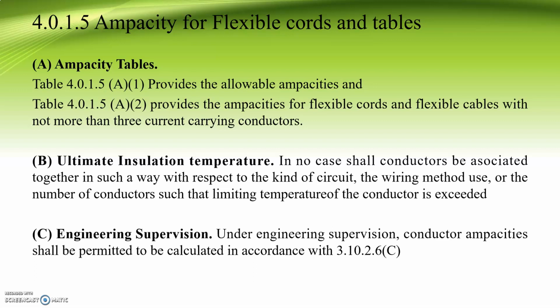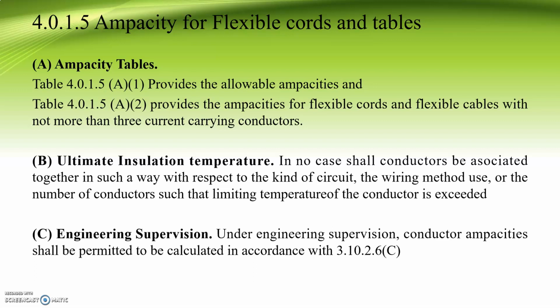4.0.1.5, Ampacity for flexible cords and cables. Table 4.0.1.5 provides the allowable ampacities, and Table 4.0.1.5 A2 provides the ampacities for flexible cords and flexible cables with not more than 3 current-carrying conductors. B, Ultimate insulation temperature.